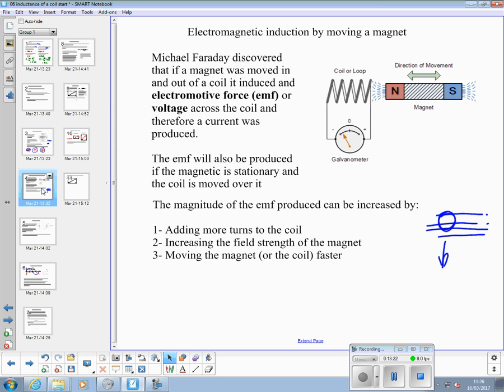Basics of induction. Pass a current, we get a magnetic field build up, and if we move a magnet near a coil, we get a voltage induced.